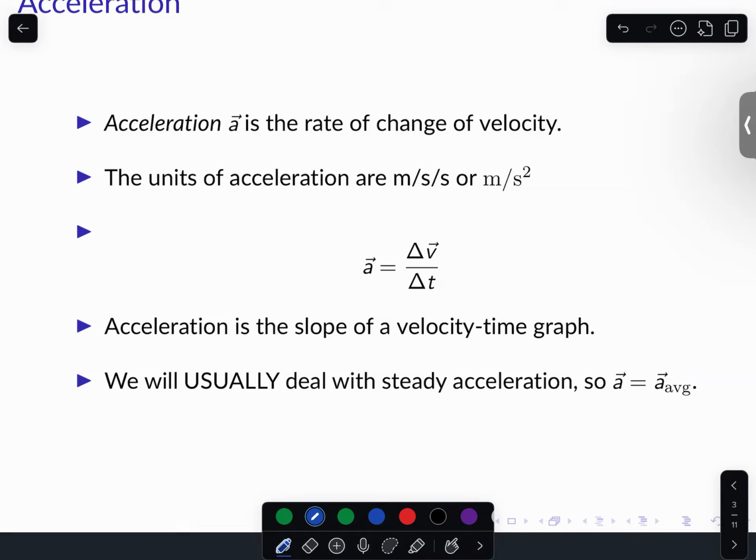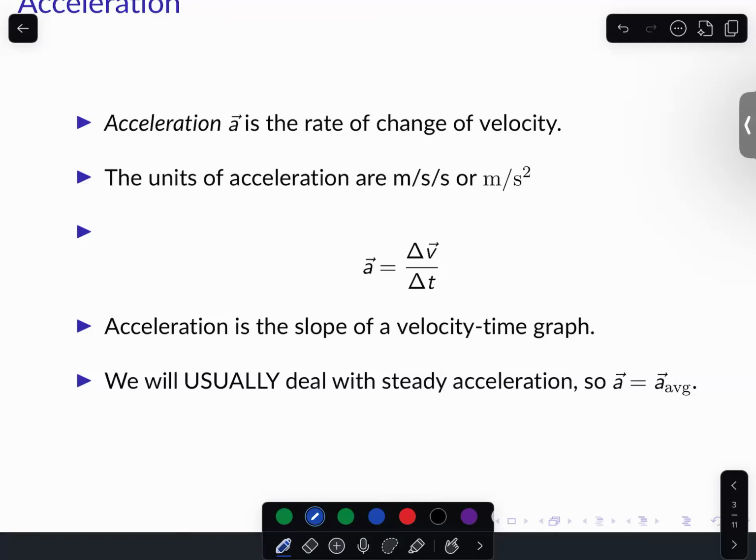Acceleration we have defined as the rate, divided by time, of the change, delta, of velocity: delta v over delta t. Anytime I have a rate, that means I divide by a time interval. Anytime I have a change of something, that means I've got a delta. You could turn the words into an equation. This is the defining equation for acceleration.